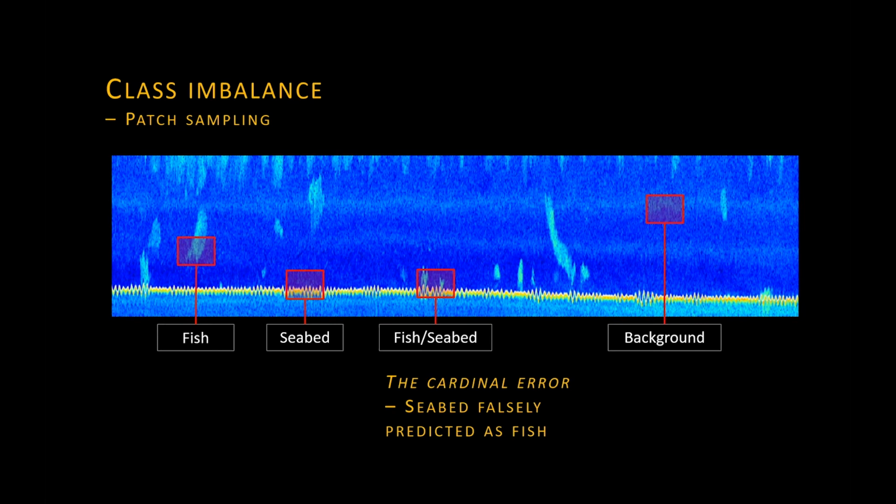This is because the acoustic reflection from the seabed is extremely strong compared to the reflection from fish, which means that the pixel values from the seabed are very large compared to the fish regions. And if seabed is misclassified as fish, this leads to an excessive estimate of fish when this is later used as an integration mask for abundance estimates.